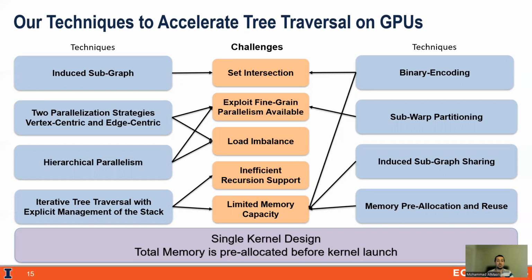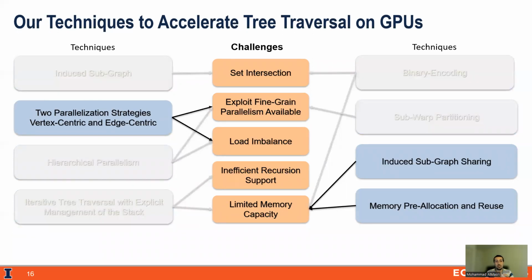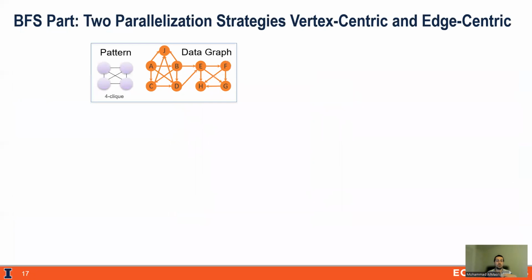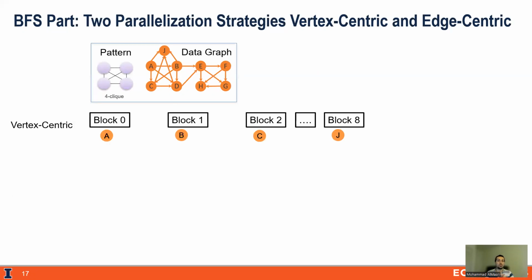In this presentation, we will highlight some of our techniques that helped us have an efficient implementation of K-Clique counting on GPUs. I'll start with the two parallelization strategies, and within them, I will highlight some of the other techniques that are used. So if we have the same pattern and data graph, this is how we organize our computation.